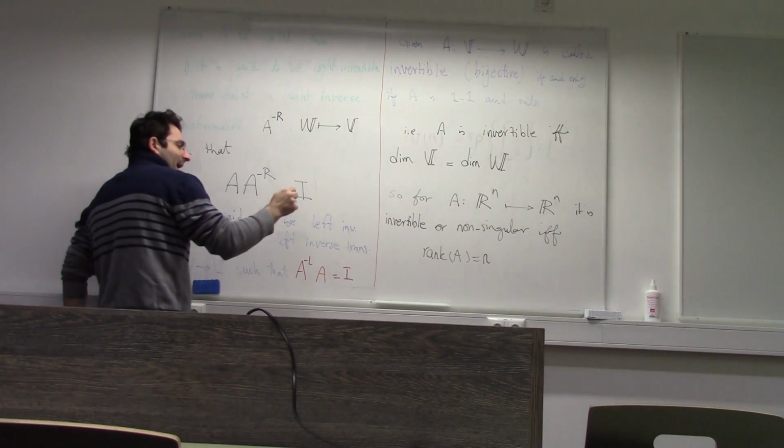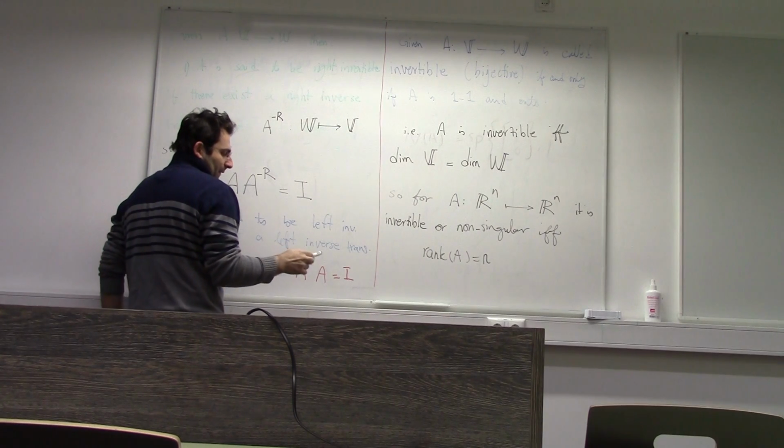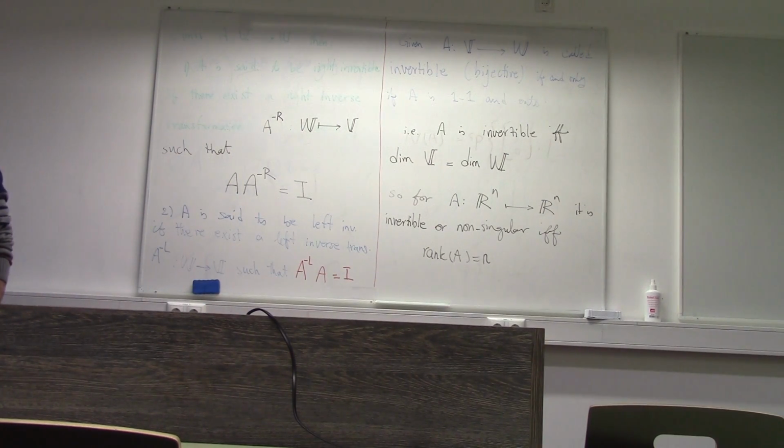Where does this I belong? And where does this I belong? In other words, do they belong to the W vector space or to the V vector space?